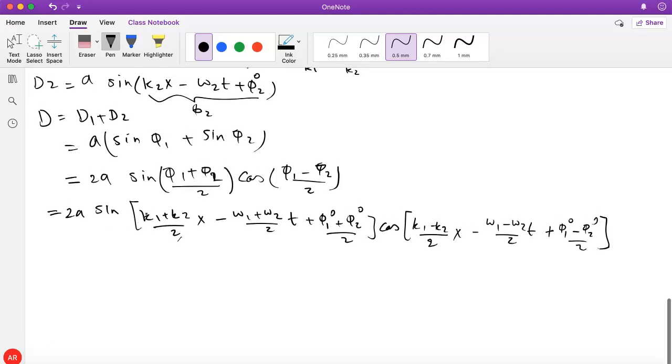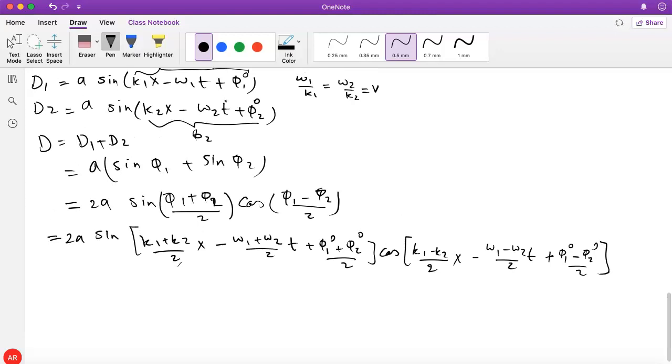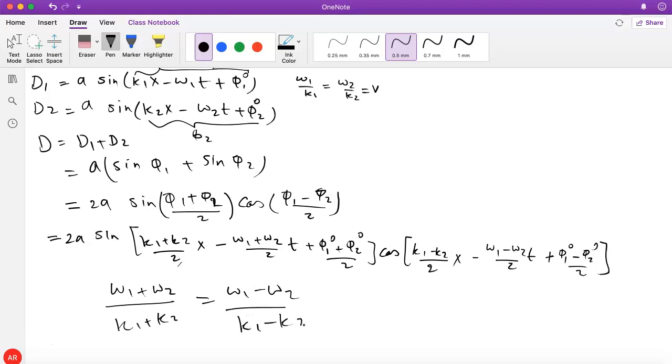And that's because if the ratio of omega 1 to k1 is equal to omega 2 over k2, then we can write (omega 1 plus omega 2) over (k1 plus k2) equal to (omega 1 minus omega 2) over (k1 minus k2), which is also the same speed.